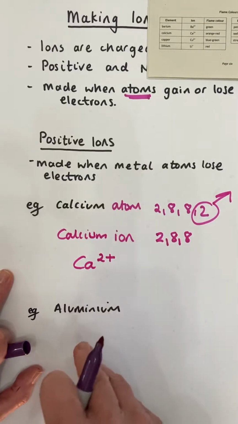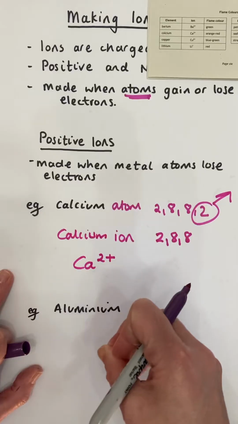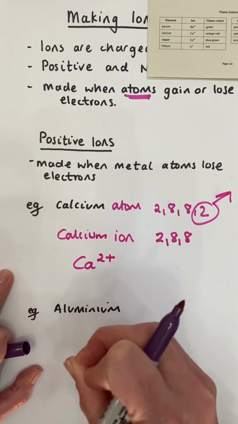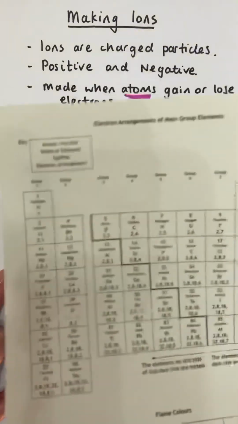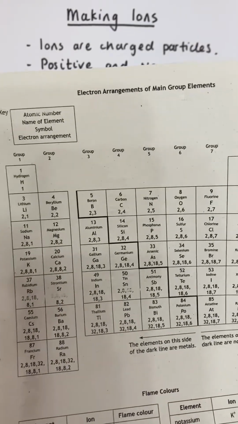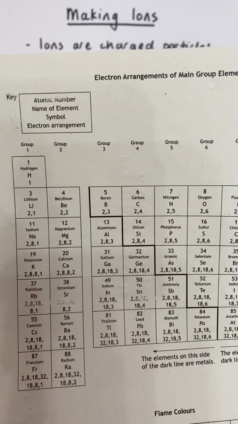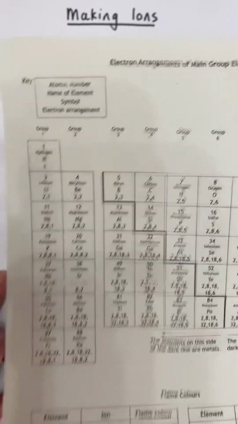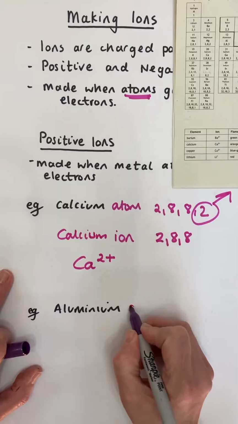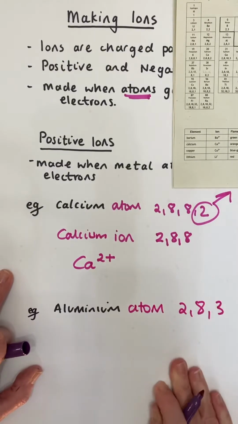So metal ions are always positive. And the size of their positive charge is determined by how many of those outer electrons they gave away. So if we look at aluminium, for example, atomic number 13 and its electron arrangement of 2, 8, 3. So the aluminium atom is 2, 8, 3.